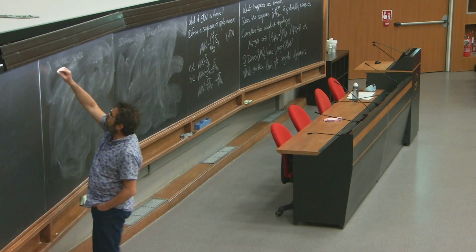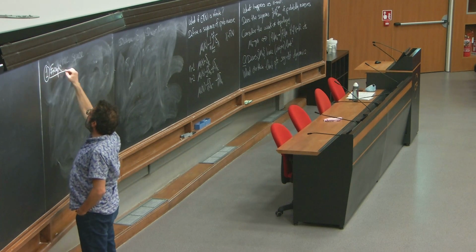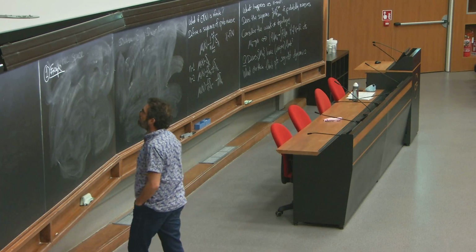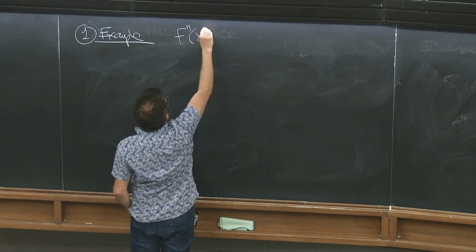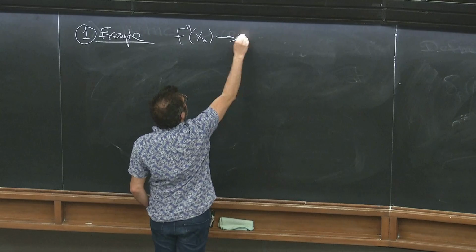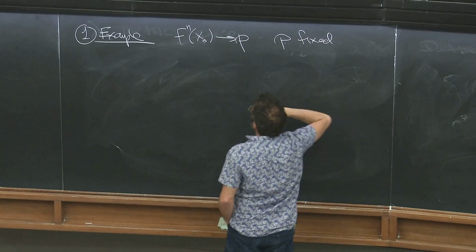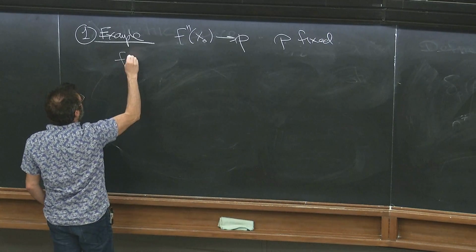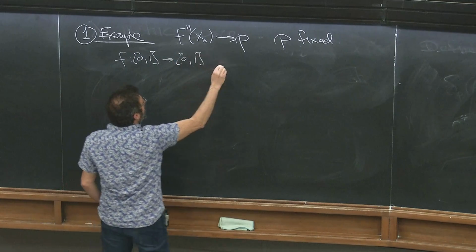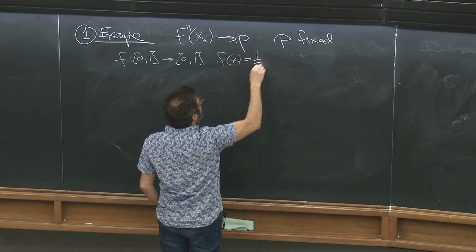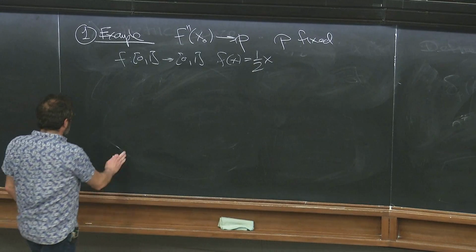So let's look at one simple example first. Suppose that we have a situation where f^n(x) converges to a fixed point, like if f is a map of the unit interval, in the simplest examples that we looked at, like x/2.